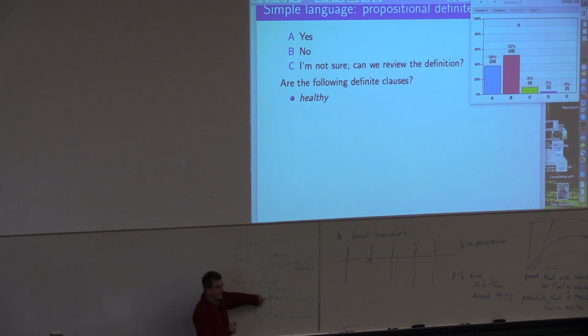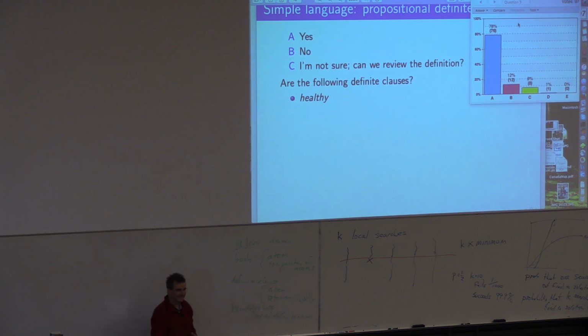It's either an atom or it's an atom with a body. It is a definite clause because it is an atom. So why is everyone saying B? Ah, that's better. Are there any questions about that? The answer is A.